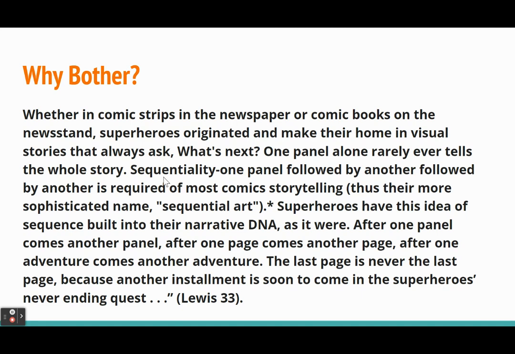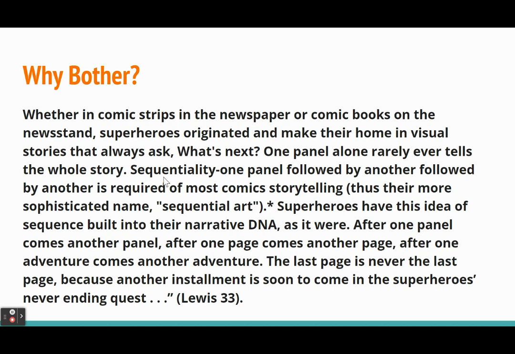We go from adventure to adventure. The last page is never the last page. Even if a publisher says the book is ending, there may be another edition 2 years later. There may be another miniseries a year later. There may be all sorts of things where the last page is never the last page because there's always another installment. And in the superhero genre, there's always another quest. And we'll pick up the quests in week 3.